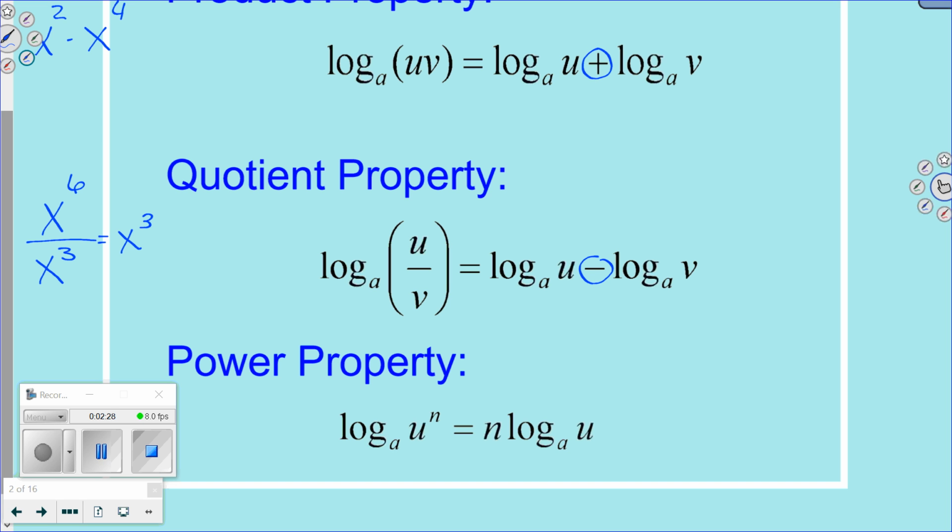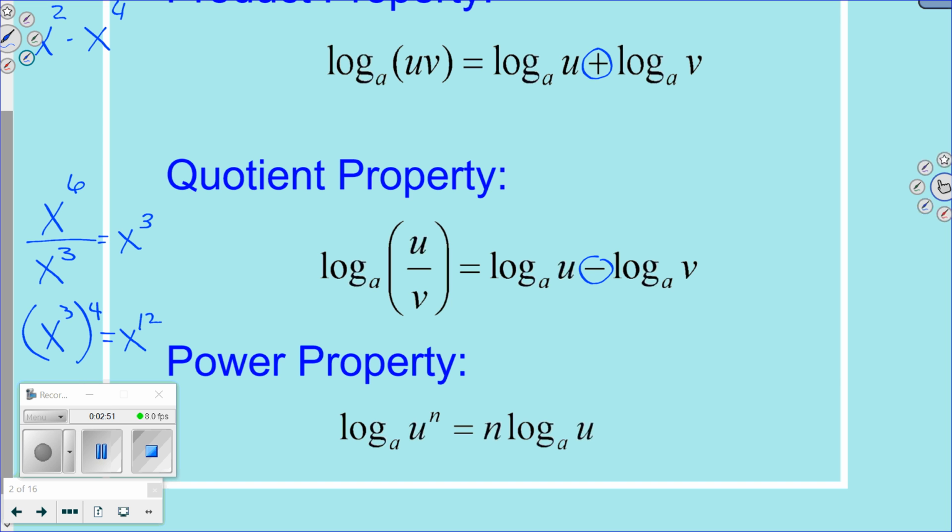And then the power property. So if you had x to the third to the fourth, what's that? I can stand here all day, guys. You can answer my question. If you don't know how to do this, I don't know how you made it this far in this class. What's x to the third to the fourth? X to the 12th. Good.